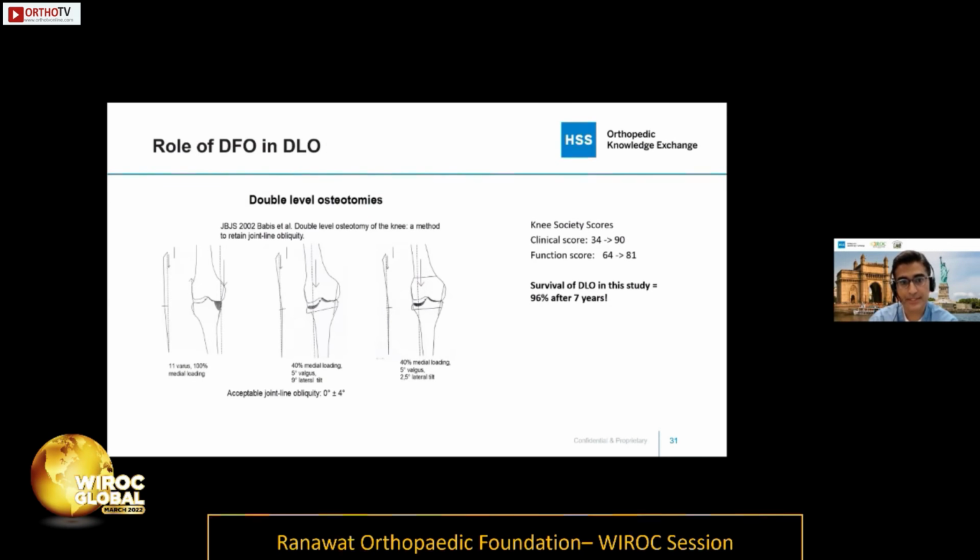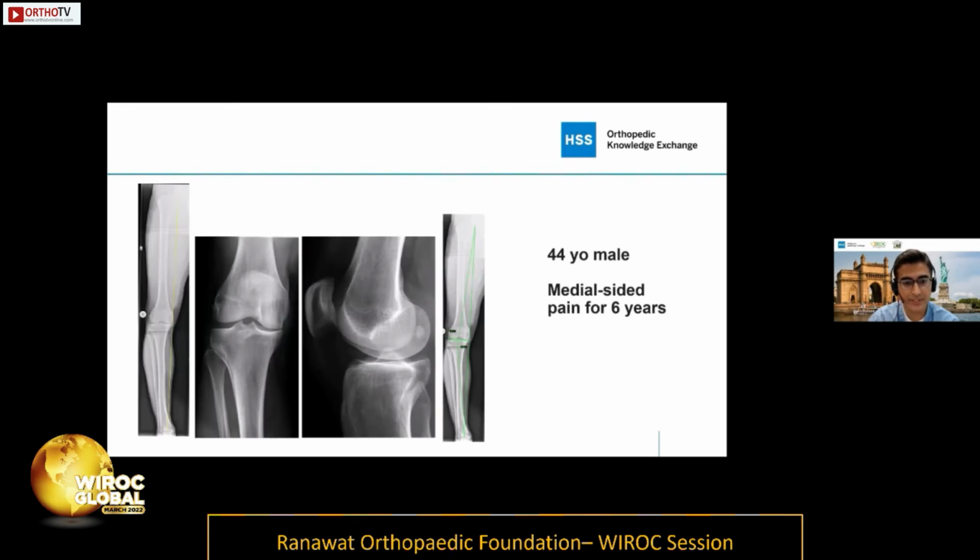Just very briefly, double level osteotomies, really to show here in a paper in 2002 by Babis et al, that the acceptable joint line obliquity that a knee tolerates is somewhere between 0 to 4 degrees. So I talked about trying to do everything through the tibia, for example, in a varus knee. If you look at this patient, medial sided knee pain for 6 years, the mechanical axis is going way outside the joint.